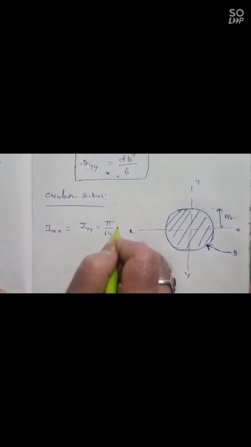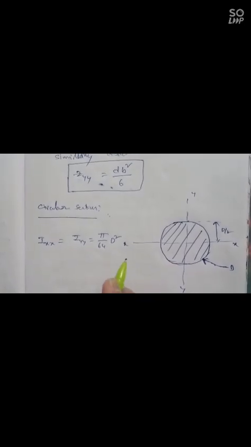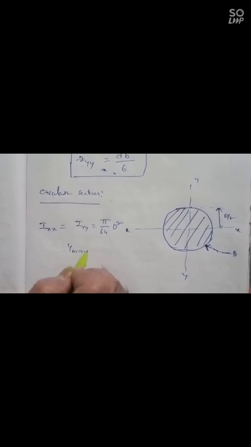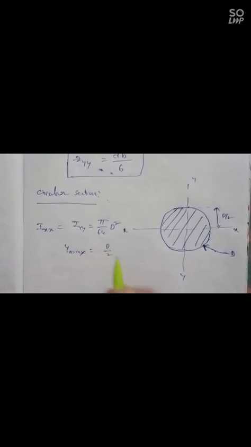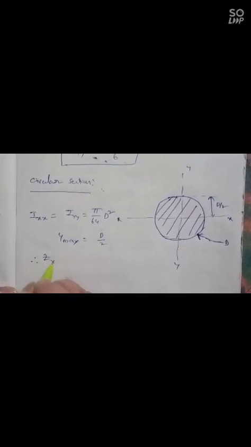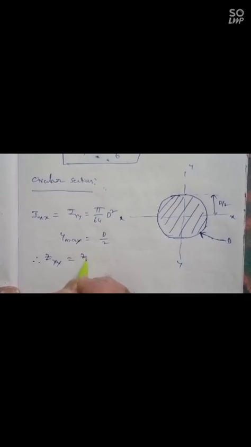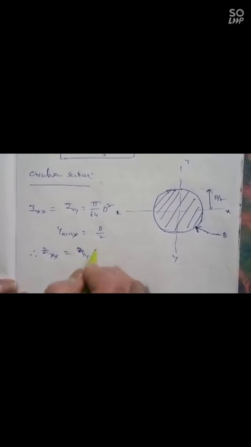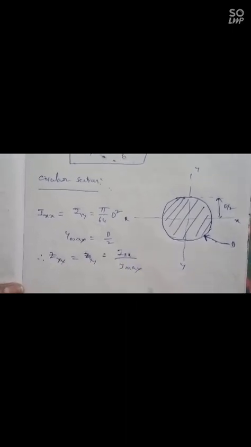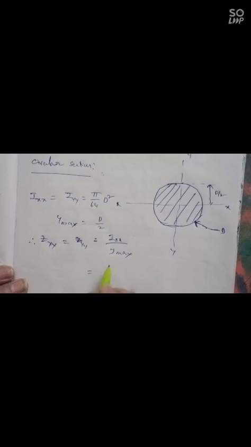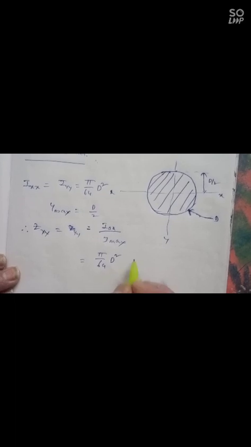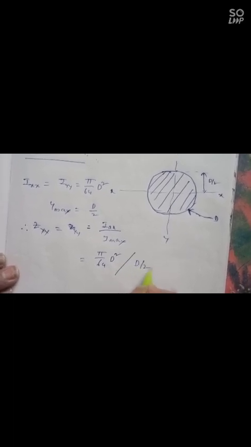pi by 64 d to the power of 4, and y maximum is d by 2. So Zxx, which is also equal to Zyy, is Ixx by y maximum, that is pi by 64 into d to the power of 4 divided by d by 2.